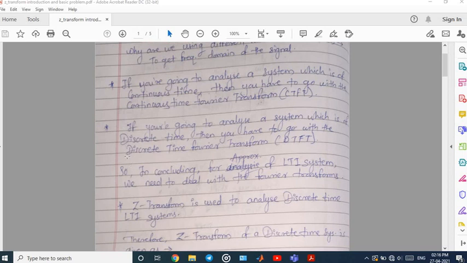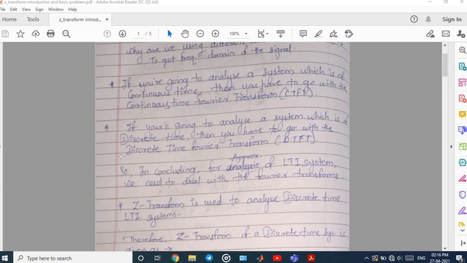So for approximation and analysis of discrete time signals, we can use DTFT as well as Z transform. Already we have seen the DTFT, properties of DTFT and numericals solved.